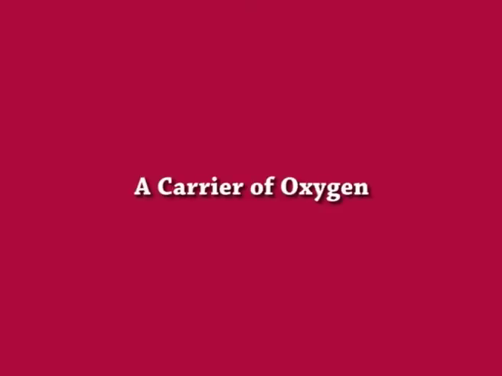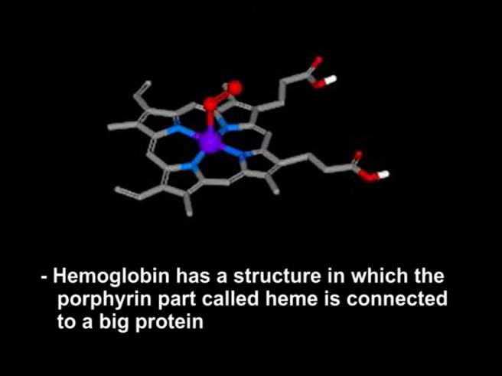Let us see oxygen as a carrier. We will look at hemoglobin, a carrier of oxygen molecules in the blood, as the first representative example. Hemoglobin has a structure in which the porphyrin part, called heme, is connected to a protein.